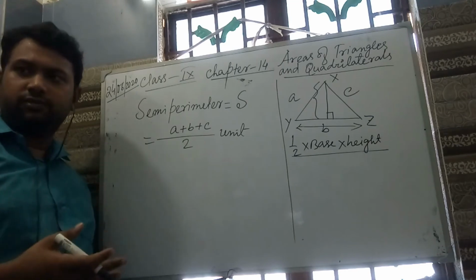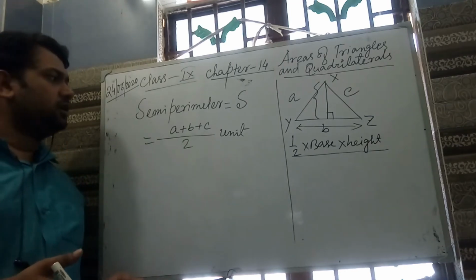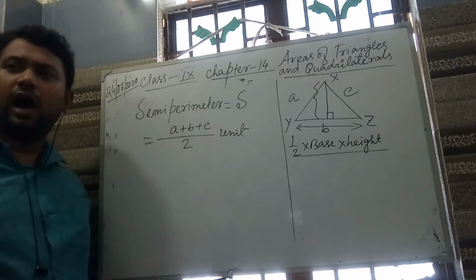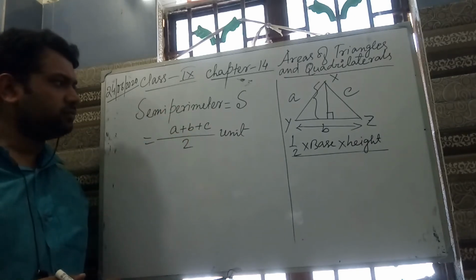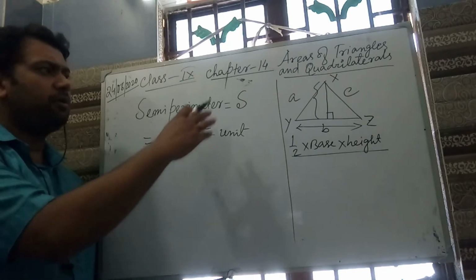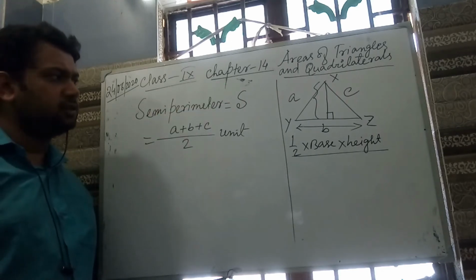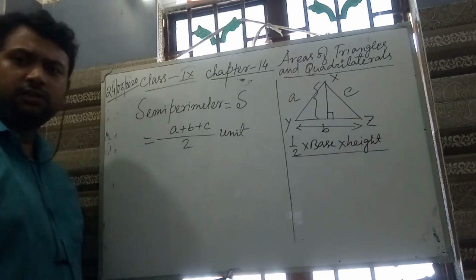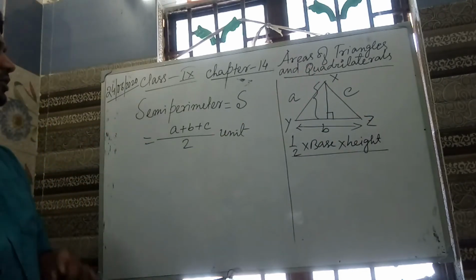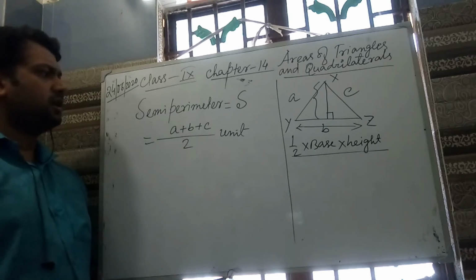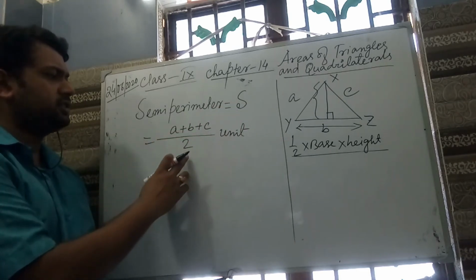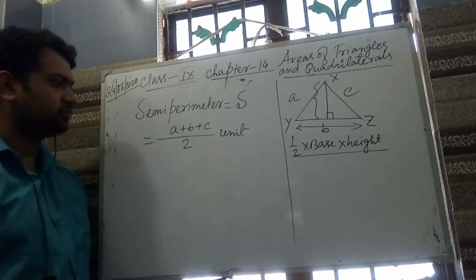Semi means half, just like semicircle. So semi-perimeter means half of the perimeter. Perimeter of a triangle is the sum of all the three sides. So here semi-perimeter is denoted by S and it is (A plus B plus C) by 2 unit.